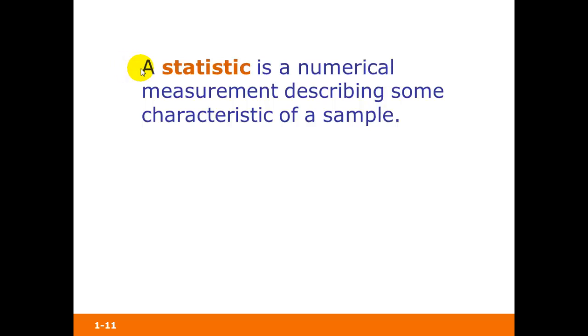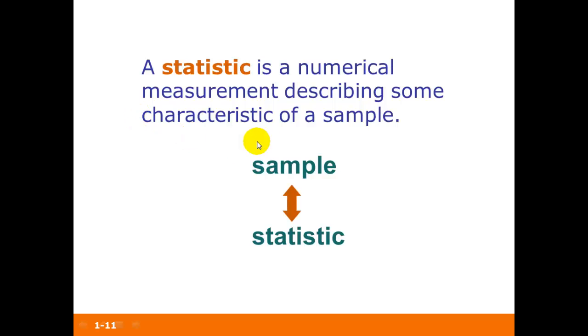When we talk about a statistic, it's some kind of numerical measurement that we calculate from our sample data. So it's going to describe some characteristic of our sample. So sample and statistic go together, and notice that they both start with the same letter S.